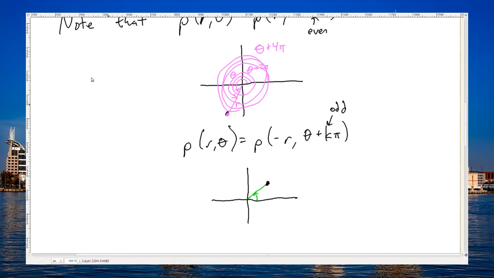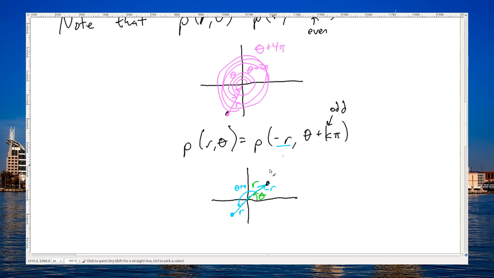This is what happens if we rotate theta and go out r. But if we add an odd number of pi's, let's say we add just 1 pi to it, then we get theta plus another pi, and that would be positive r, but notice if we go backwards instead, negative r, that'll end up getting us the same point.